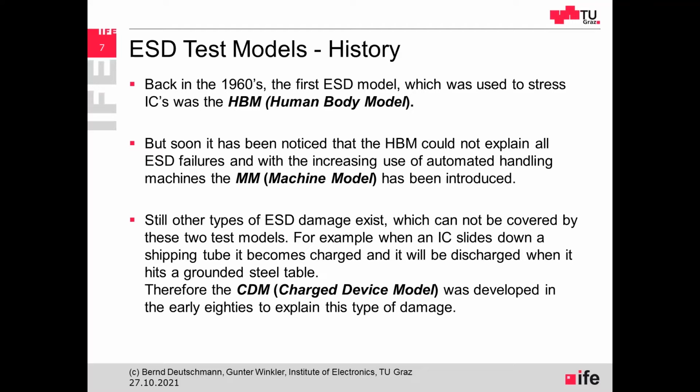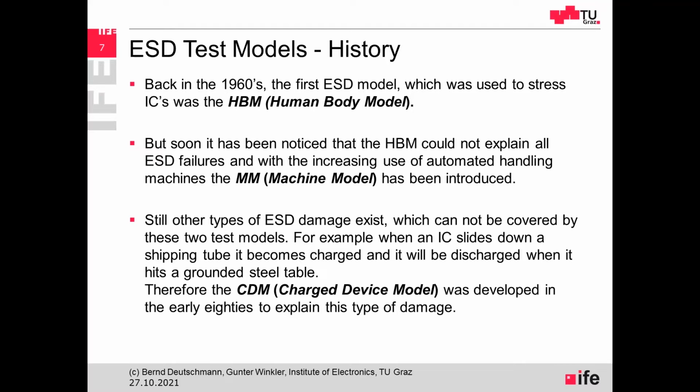Okay, so the first investigations were done in order to figure out how electrostatic discharges from human persons can be avoided. And the first protection structures were also integrated into the ICs, but ICs still got damaged. And people could not really explain why there is a damage, because there was not a damage from a charged human person anymore.